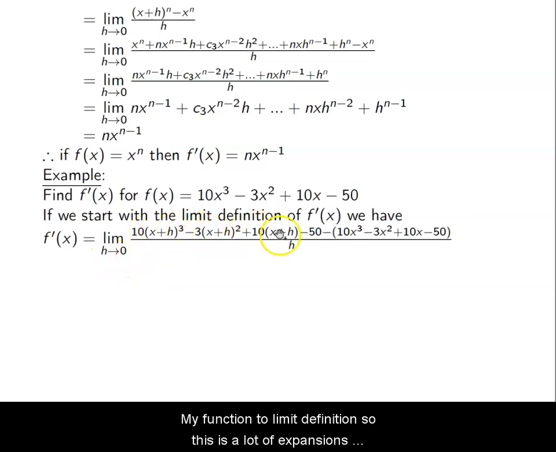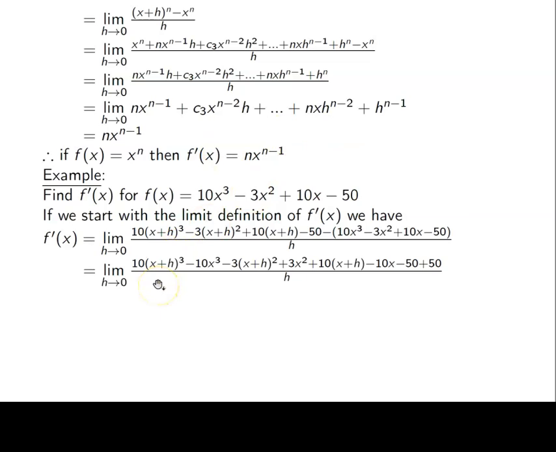All right. So I'm just doing to my function the limit definition as h goes to 0. So this is a lot of expansions to have to do, right? If we didn't have this rule already. So here I'm going to distribute this negative sign. So this turns into negative 10x cubed, this turns into a positive 3x squared. So you can see I distribute this negative sign and I grouped everything together. So this negative 50 and this positive 50 are together.